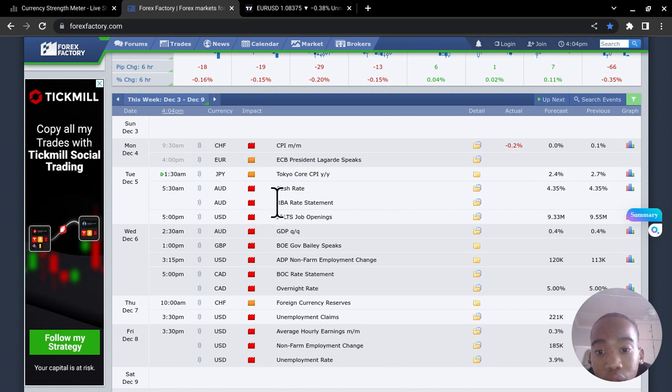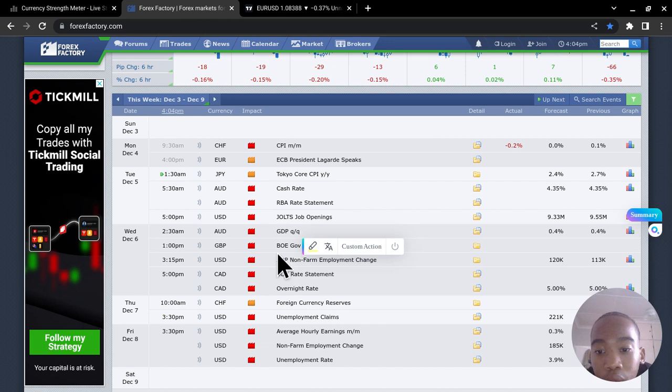But here's the important one: RBA interest rate statement. So this is AUD. I'll be trading this event at 5:30 tomorrow morning. Wake up, trade this event. I'm just going to use my strategy. Oh wow, GDP. I'm going to wake up to trade that as well. I have a strategy for all of these.